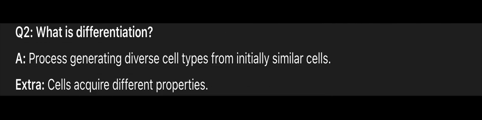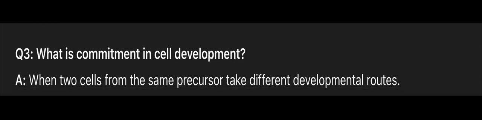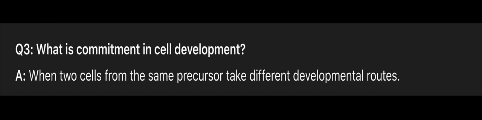What is differentiation? It's a process generating diverse cell types from initially similar cells. In differentiation, cells acquire different properties. What is commitment in cell development?